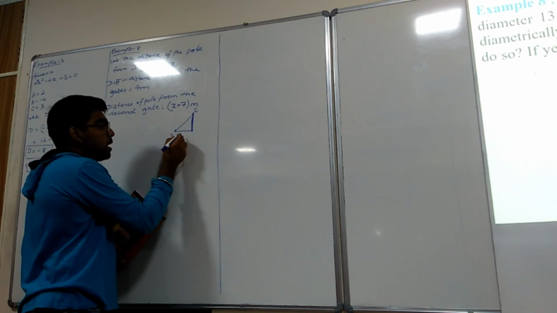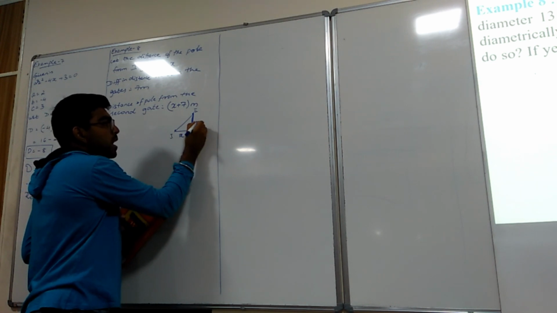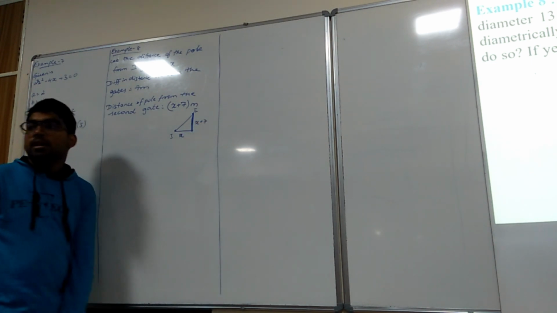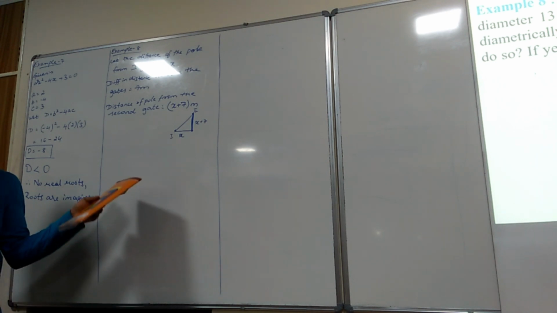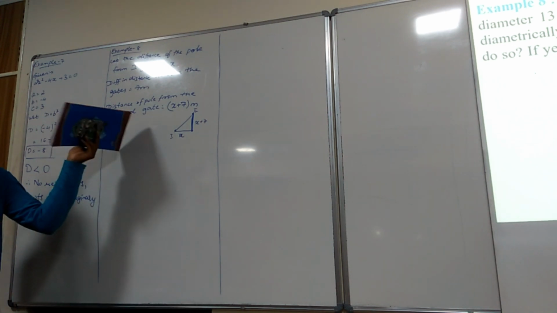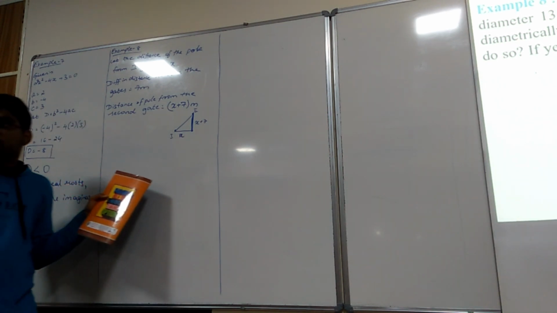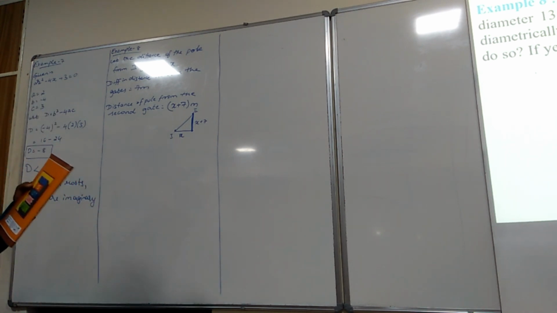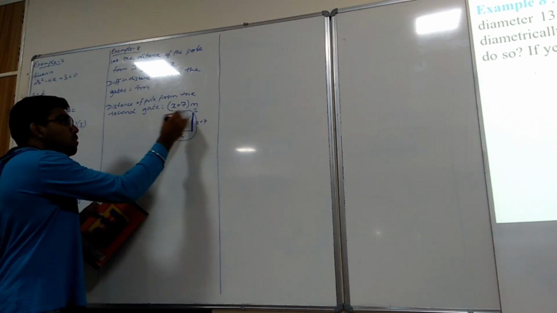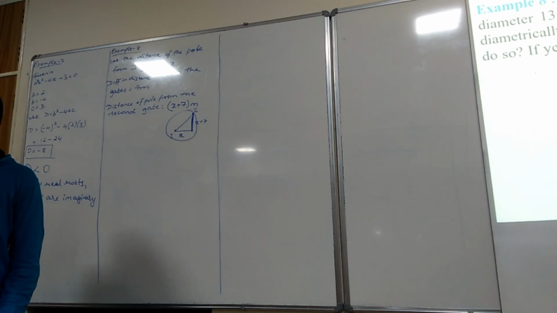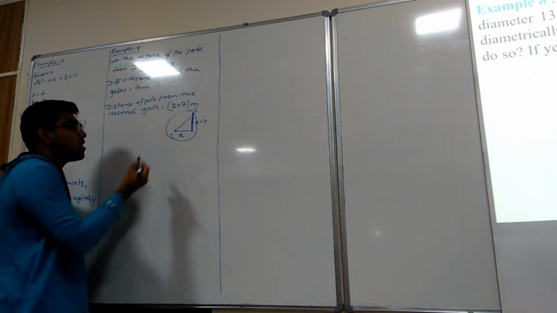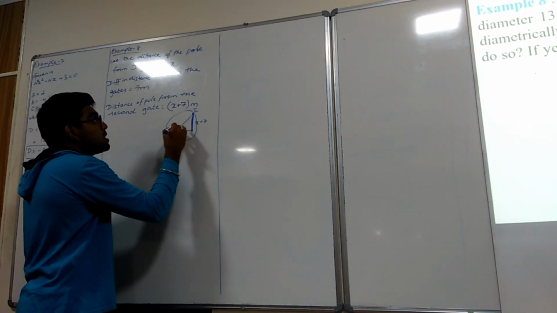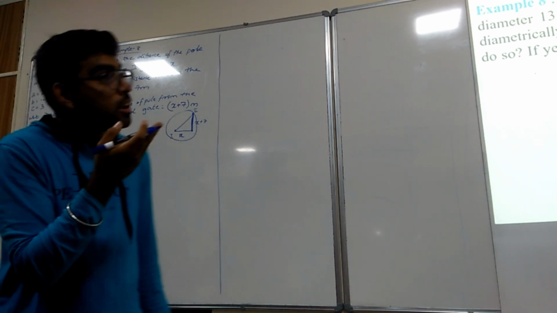Let me take this as x and x plus 7. It is a circular boundary.